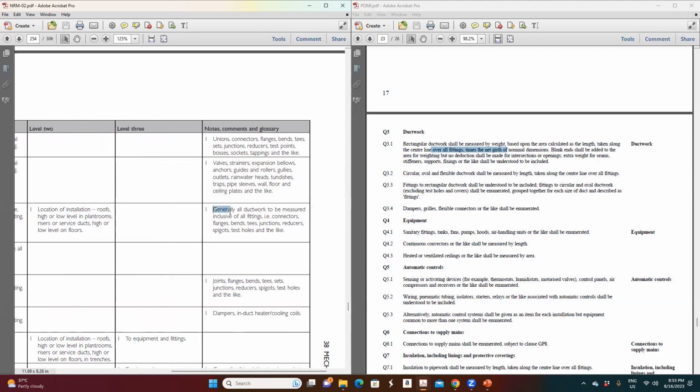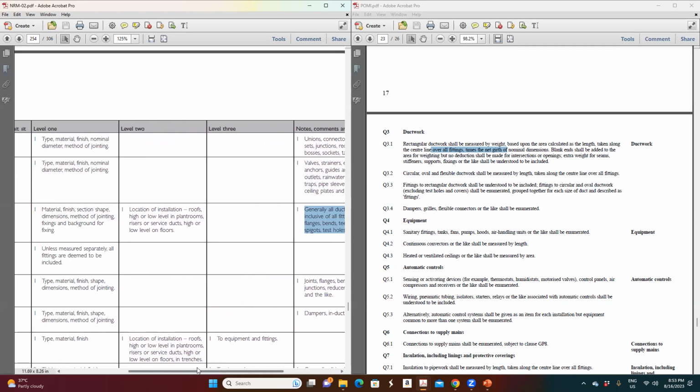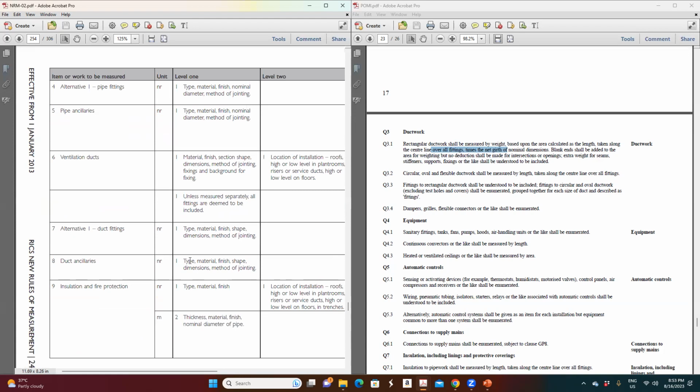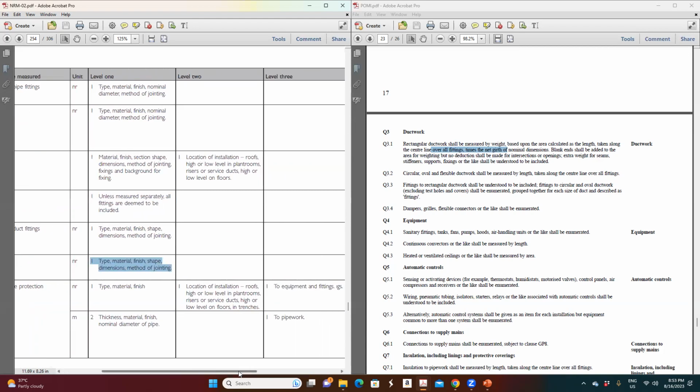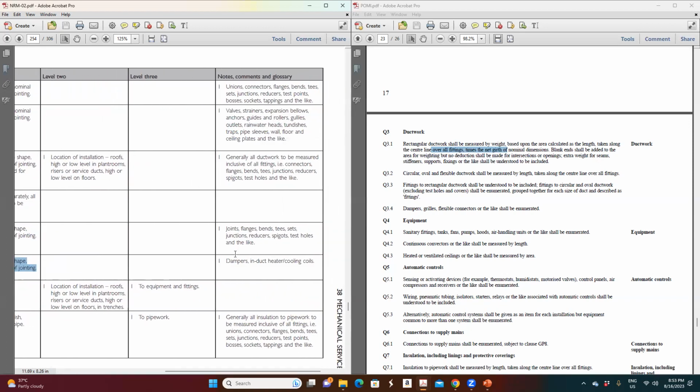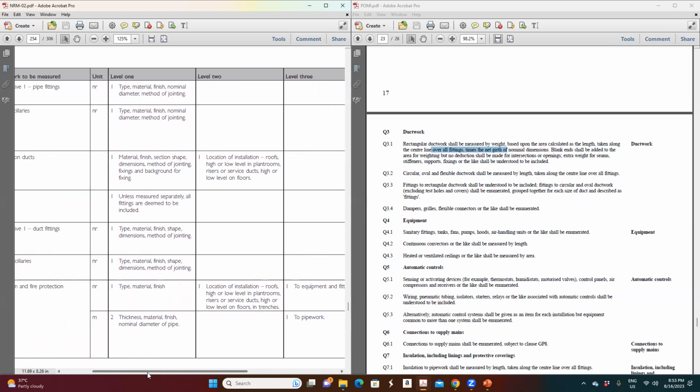So what they said here, in general, is that duct is to be measured inclusive of all fittings, connectors, etc. All of your duct is to include these fittings and duct ancillaries. If something cannot be priced, for example, along with the duct you have dampers like a VCD, volume control dampers, fire dampers, heating and cooling on the duct, these are all called duct ancillaries.